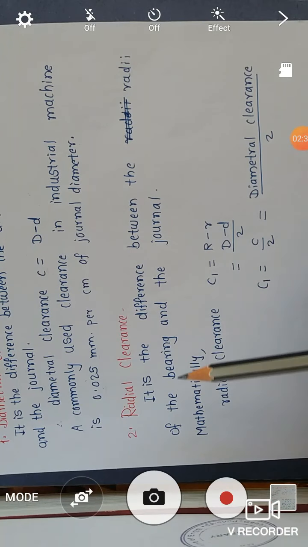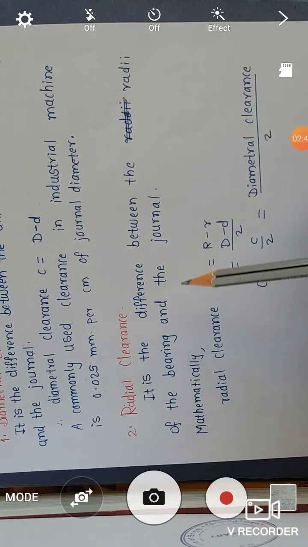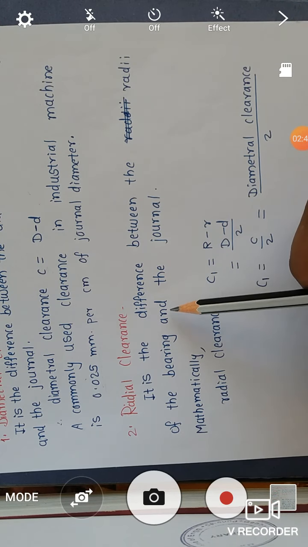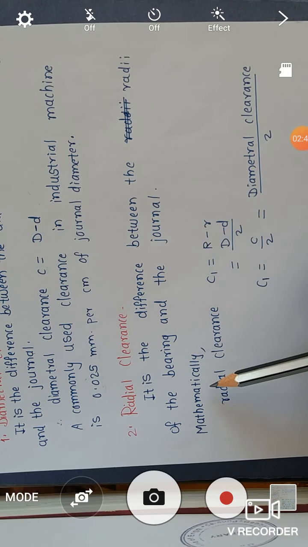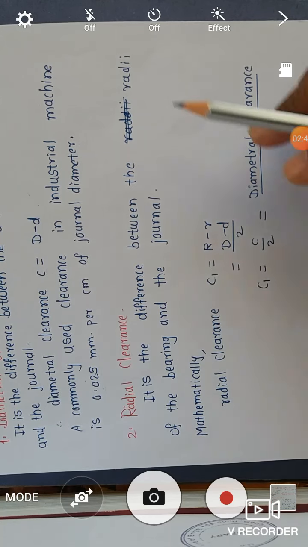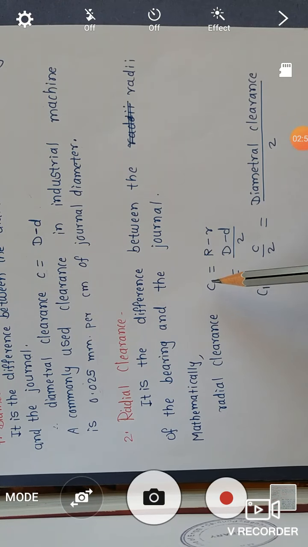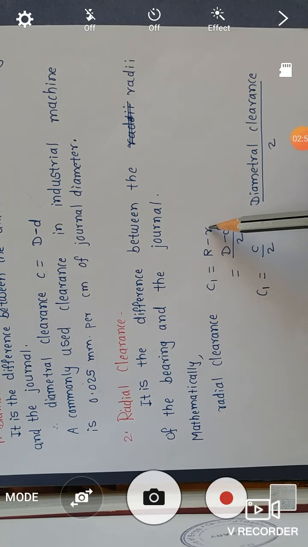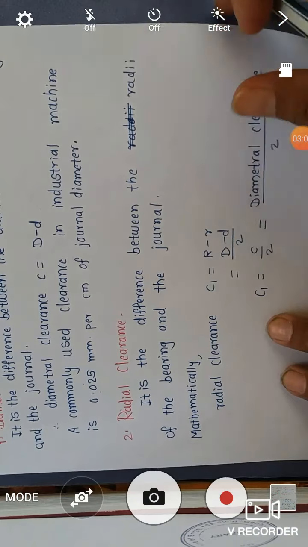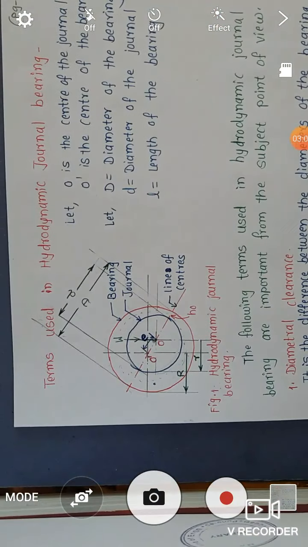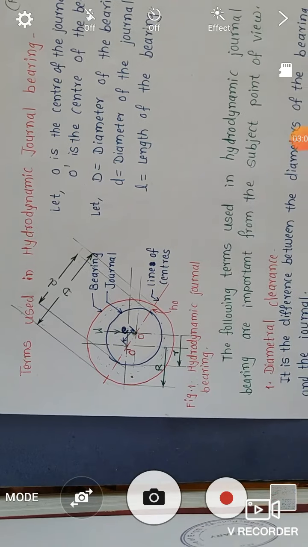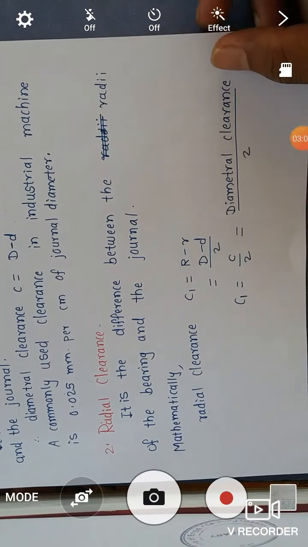Second term is the radial clearance. It is the difference between the radii of the bearing and the journal. Mathematically, radial clearance is represented with the symbol C1, which is equal to the radius of the bearing minus the radius of the journal. So in this diagram, this R minus r distance is nothing but C1.